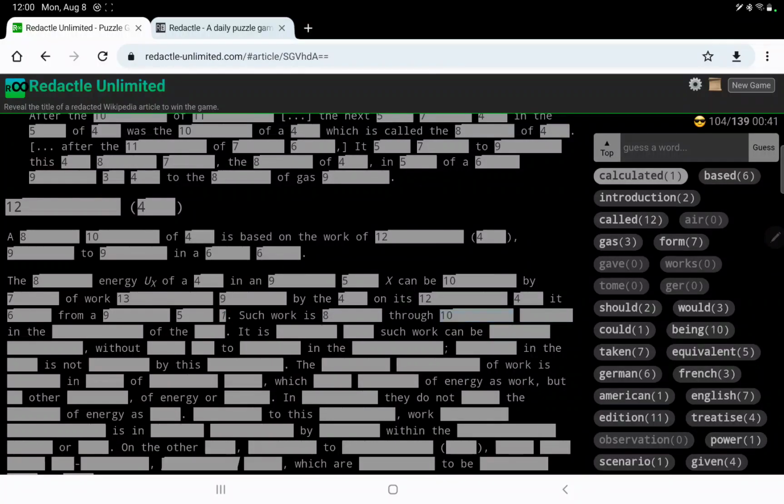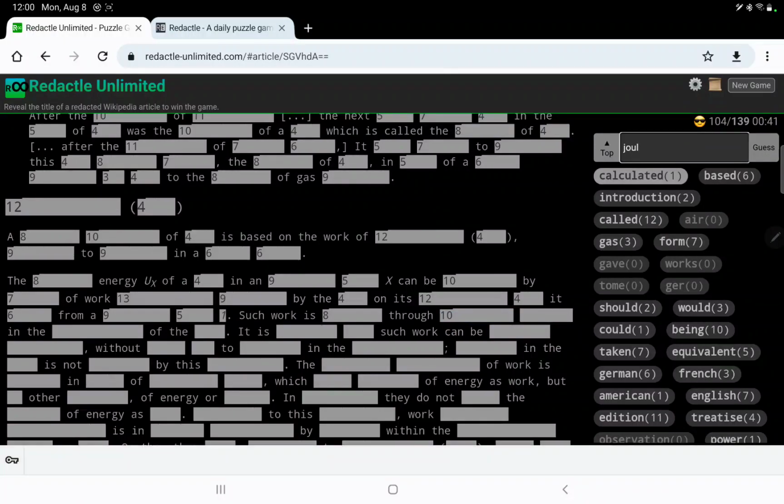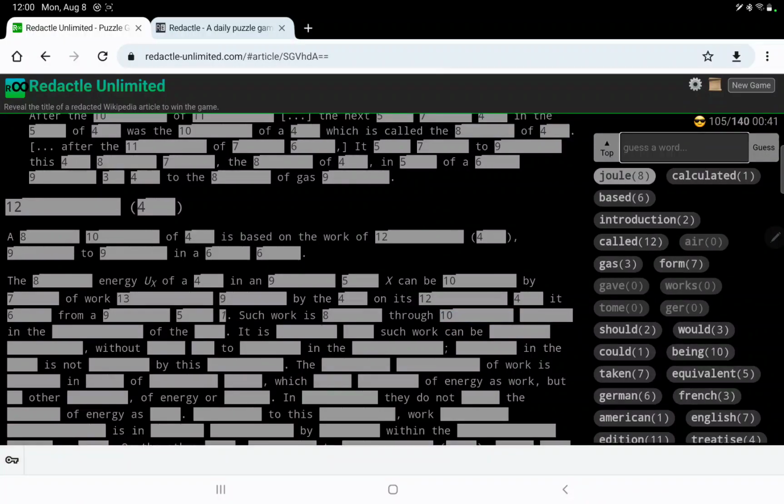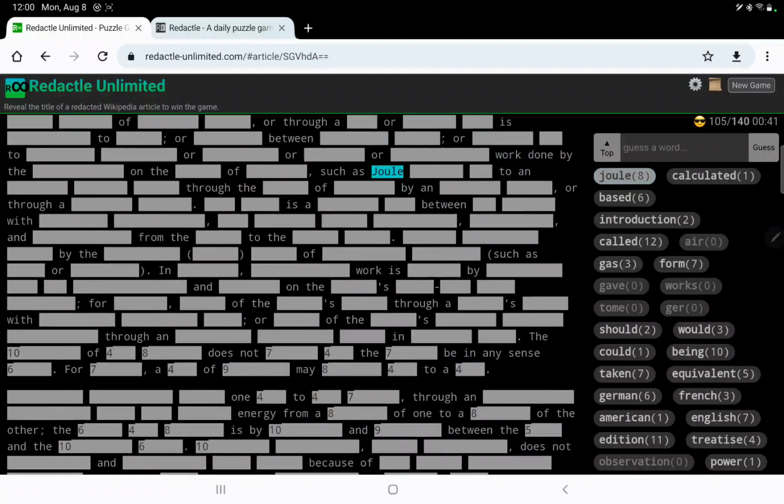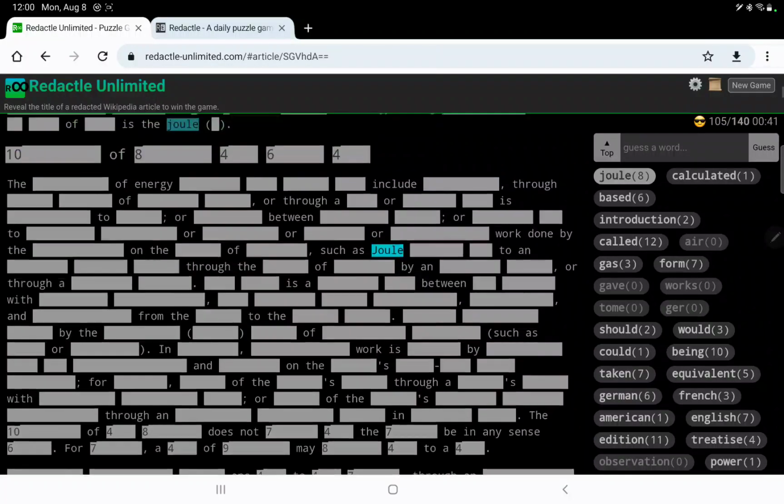Such work is, yeah, so work is very important in this article. Energy and work. Oh, let's do joule. Well, let's do joule first. Because, yes, such as joule is a unit of energy, right?